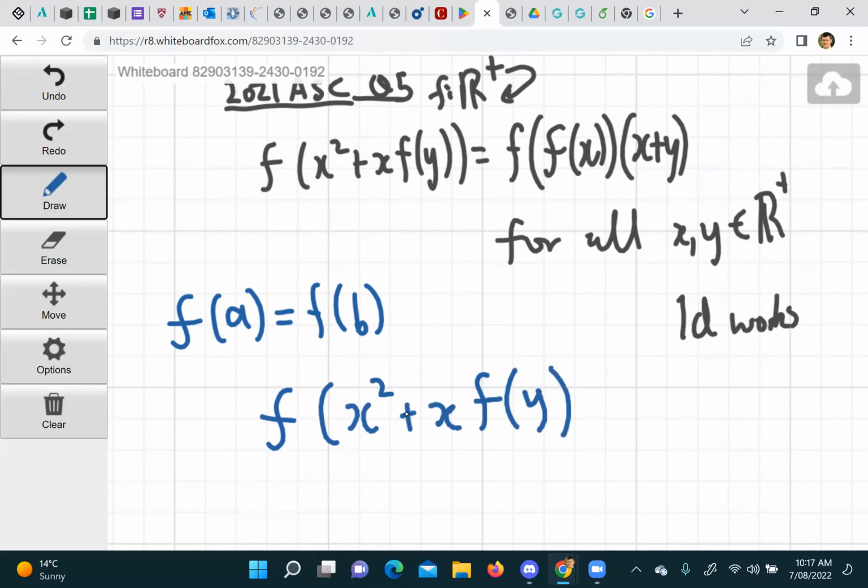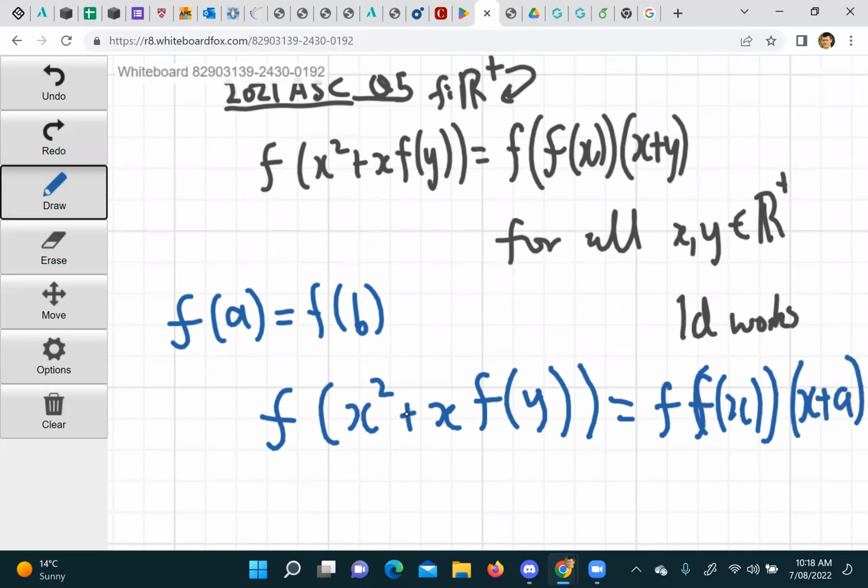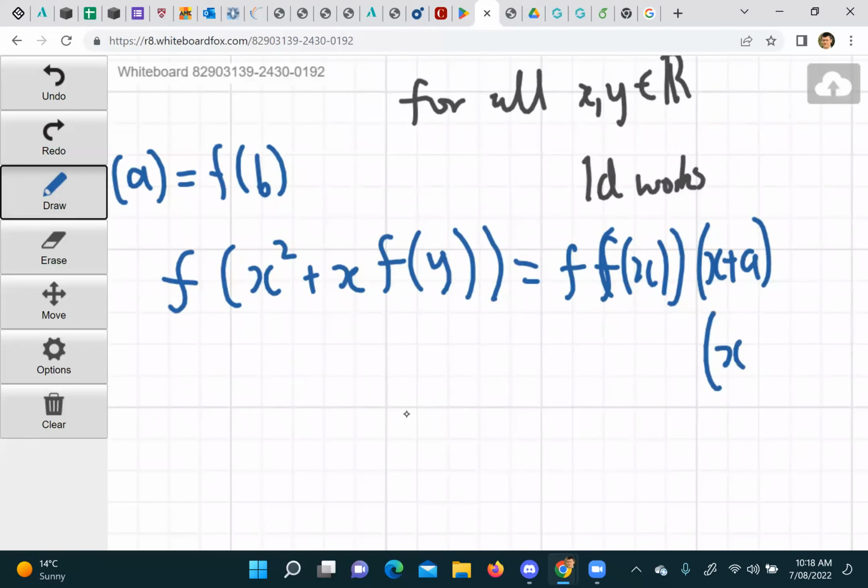Like you can sub y equals a in that first one, x plus, and then it's a. And then the next one would be f of x times x plus b. And then basically you can deduce that a equals b, because the f of a and the f of b on both the left hand sides are equal, right?